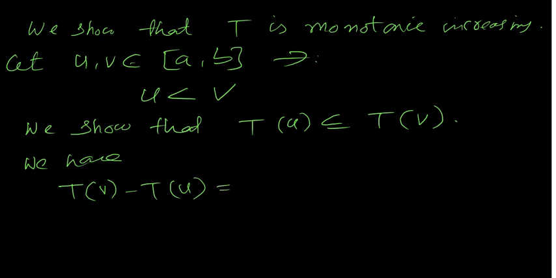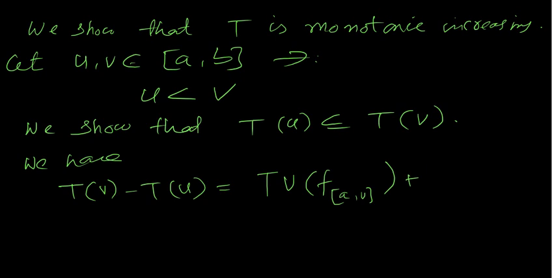This is equal to the total variation of f over the interval a to v, with a minus sign here for T(u), because T is the total variation function.